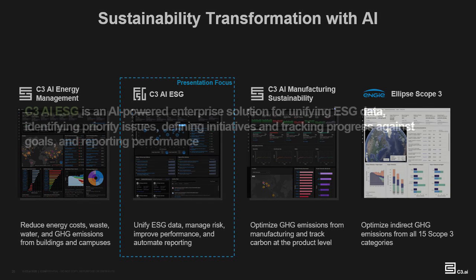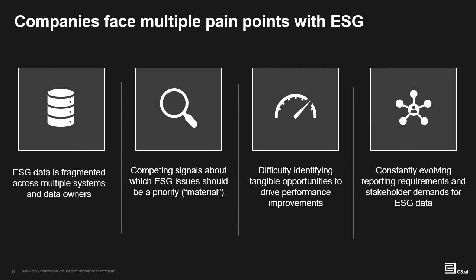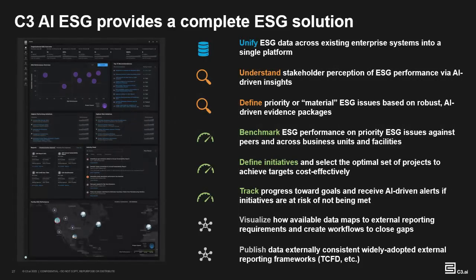But what I want to focus on is C3 AI ESG, and what we're doing with that product is solving the pain points that I just walked you through that Katie experienced, and really helping companies to unify all of their ESG data that's scattered across their company in different existing enterprise systems, or perhaps squirreled away in spreadsheets on share drives. Help you identify what are the top issues for my stakeholders that I care about through things like natural language processing and sentiment analysis.